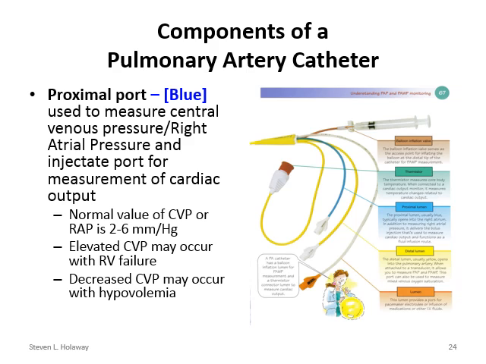Now, understand the normals I'm giving you are from probably different sources. I looked, most of it's from the Hinkle, but when you go into work someplace, they may have their own values that they use. What I want you to understand is what the problem is with an elevation of the CVP, and what the problem is with a decreased CVP.